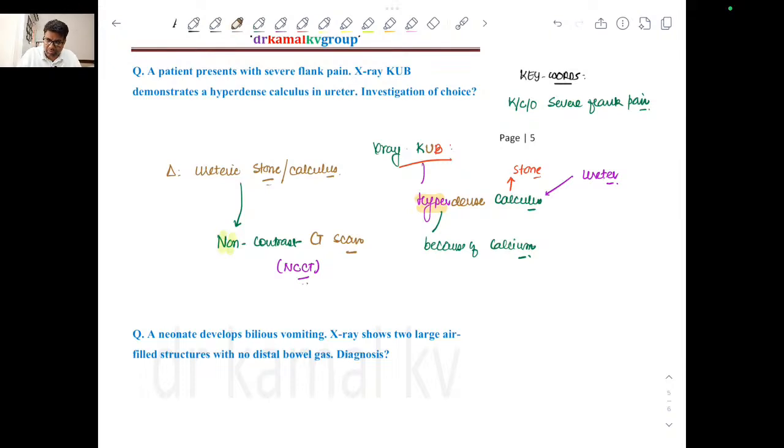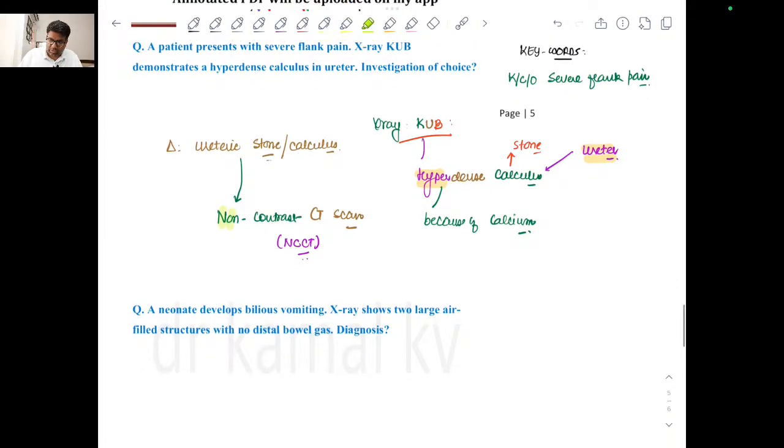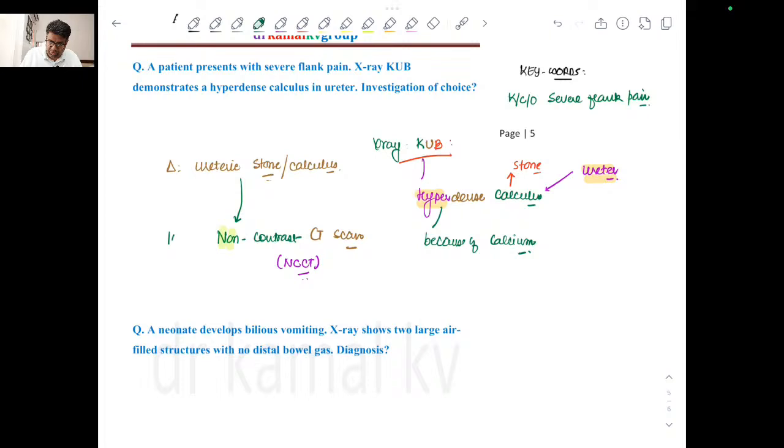Although in this particular case, already the stone has been diagnosed in ureter, and now this is IOC, right? Investigation of choice. Now, if the question is about initial investigation, initial best investigation, then usually we go for ultrasound, right?